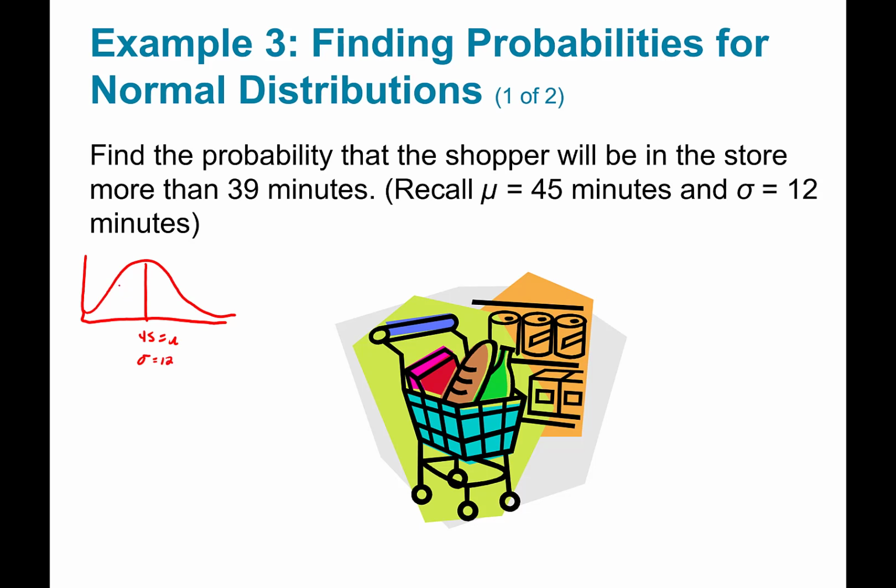So more than 39 minutes, somewhere about here. And we want everything to the right of that value. So probability that x is greater than 39. Since it just says more than, there's no implied inclusiveness here.